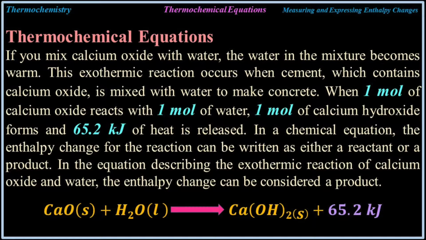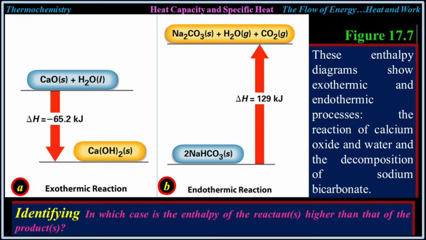That's calcium oxide plus water yields calcium hydroxide plus 65.2 kilojoules. Figure 17.7: these enthalpy diagrams show exothermic and endothermic processes, the reaction of calcium oxide and water, and the decomposition of sodium bicarbonate. Study these very, very carefully. They will be very helpful.